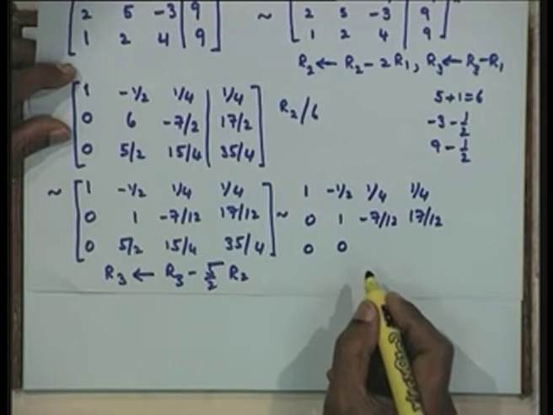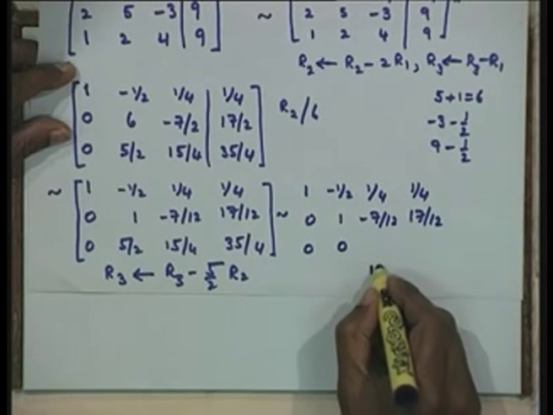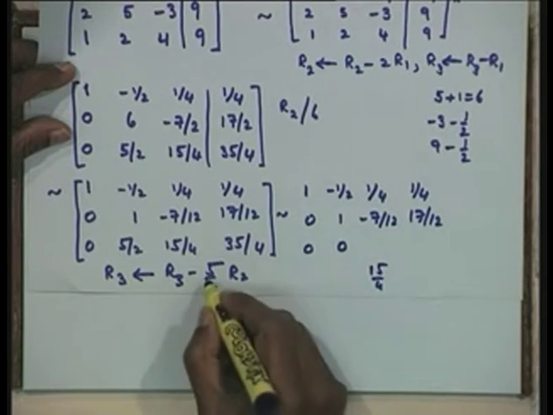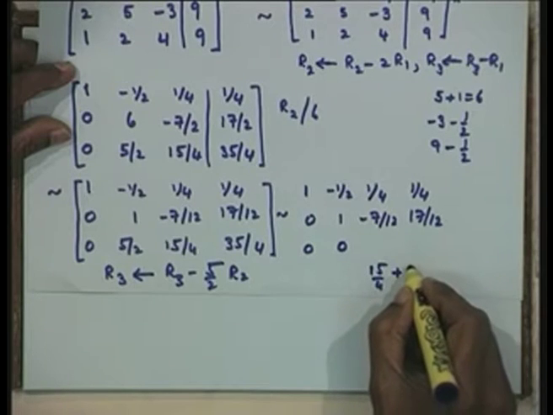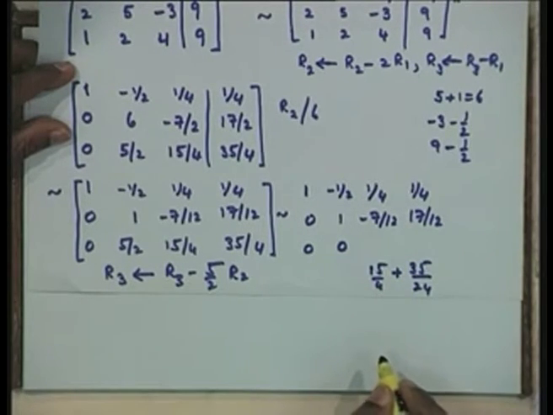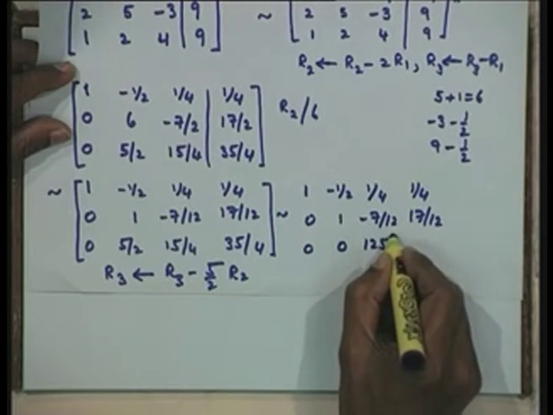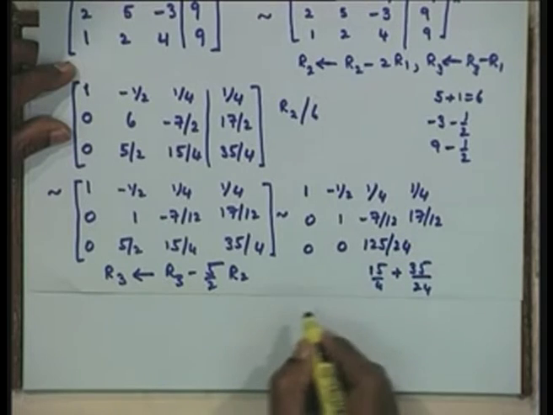So, this number we can write down here: this is my 15 by 4, and we are multiplying by minus this, so we will have plus 35 by 24. So, this is 125 by 24.